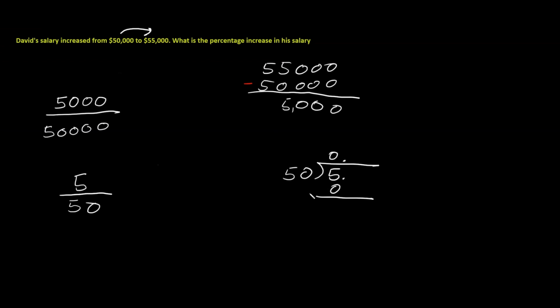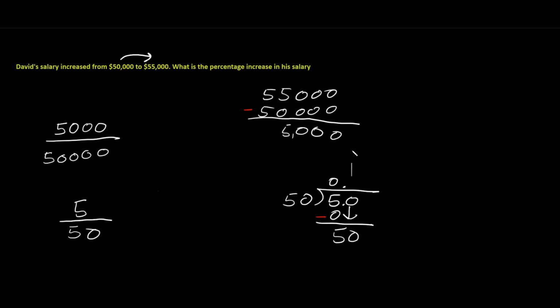So that is going to be 5, and then we add a 0 after the decimal place and drop that down. So 50 goes into 50 one time. So our decimal increase is 0.1. So this is equal to 0.1.